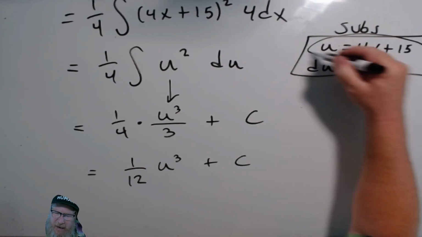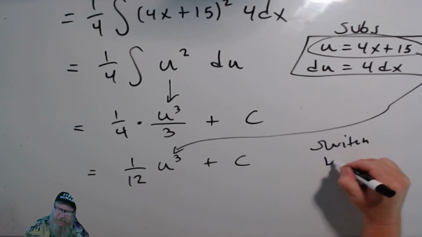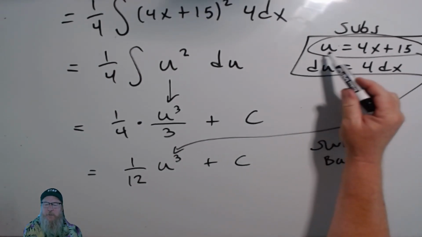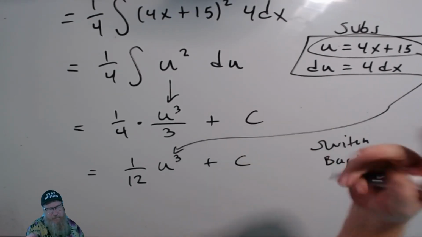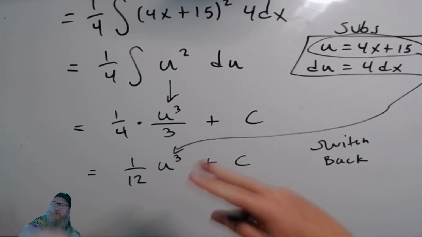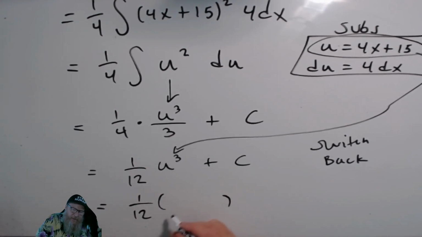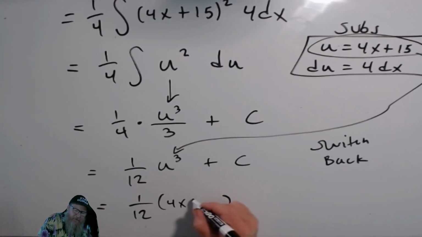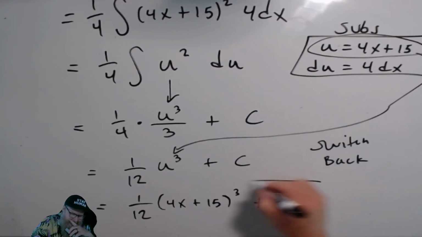But we have our subs, so we got to switch back. When you switch back, you only need the u part. You don't really need the du. The du disappears through the process of integration. So put the u back in there, 4x plus 15 cubed plus c.